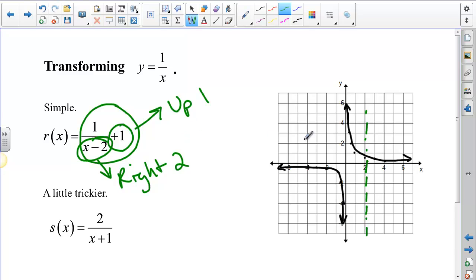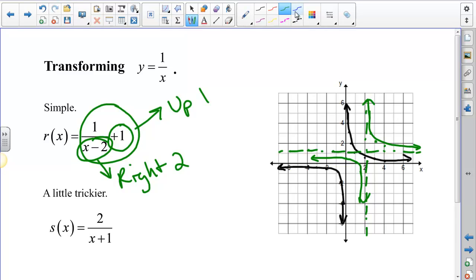And it was at y equals 0 was our horizontal asymptote. And now it's going to be at y equals 1. All the other points, they're going to move in the same fashion. And so this is going to be our new r of x, which is 1 over x minus 2 plus 1. You can see I'm just moving these points right 2 and up 1.